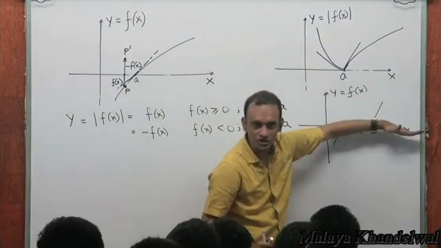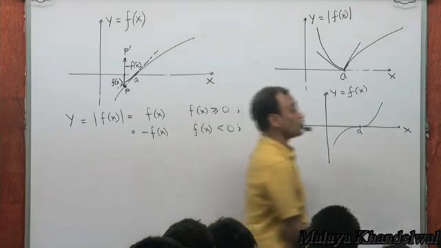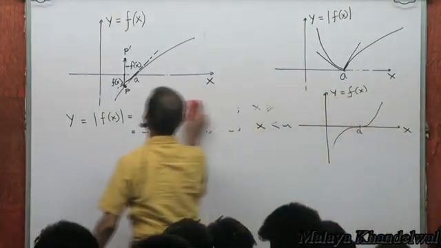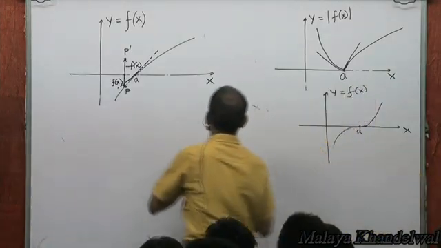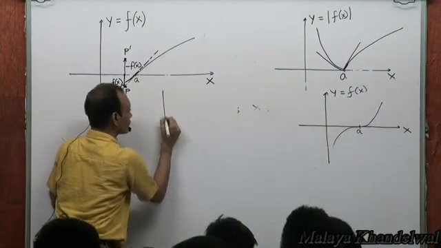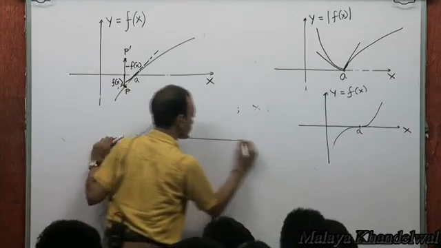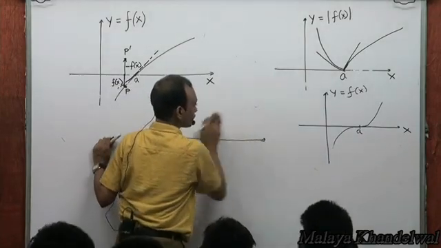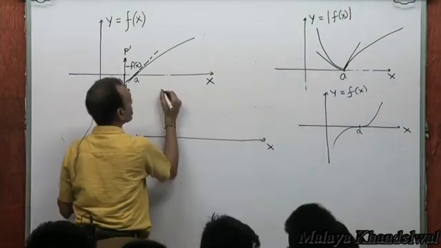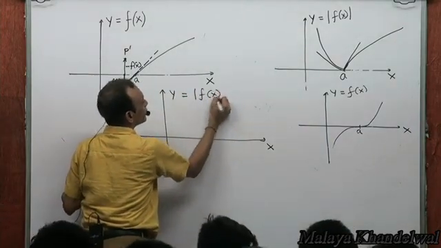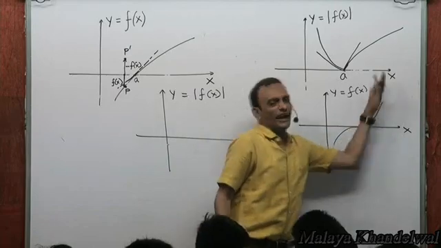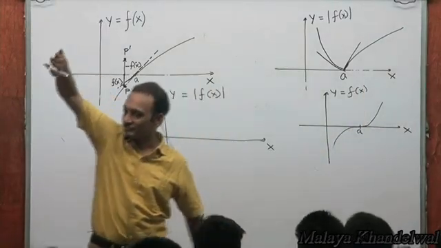The slope of the tangent is 0 at x equal to a. Now if I have to draw the graph of y equal to mod of f(x) in and around x equal to a, to the right of a, it will retain the same graph.